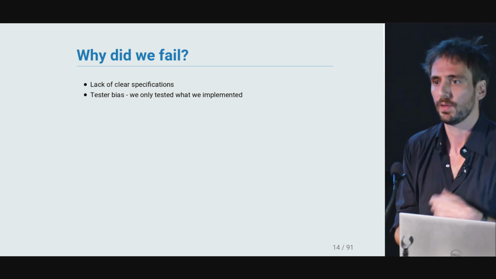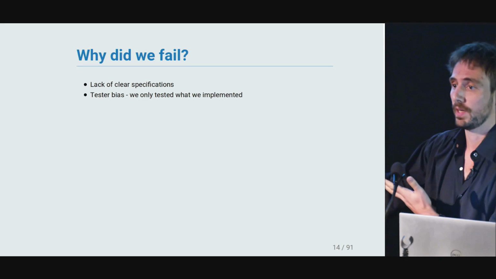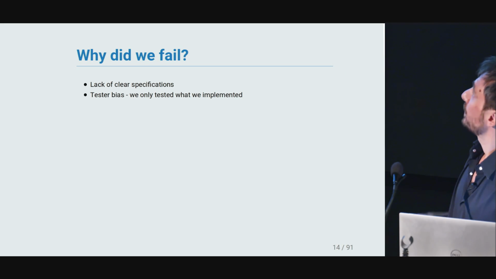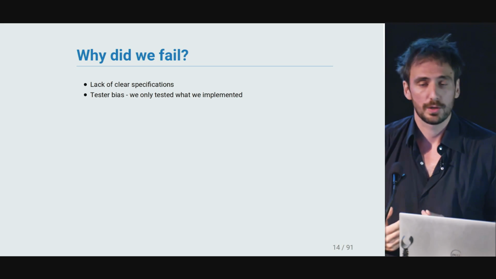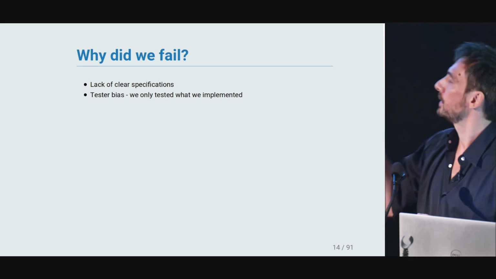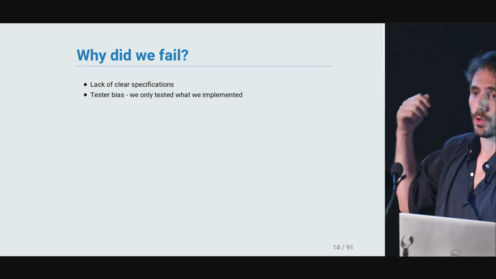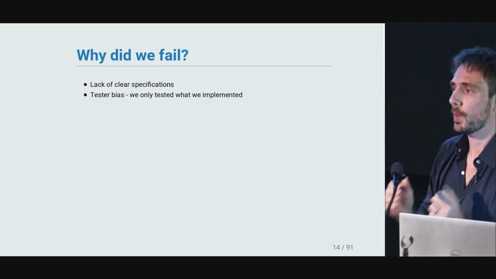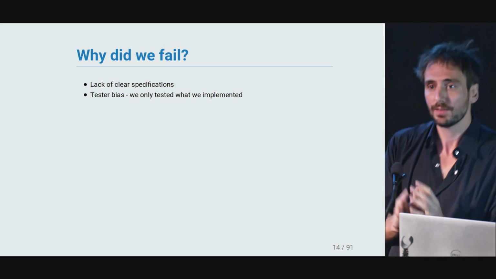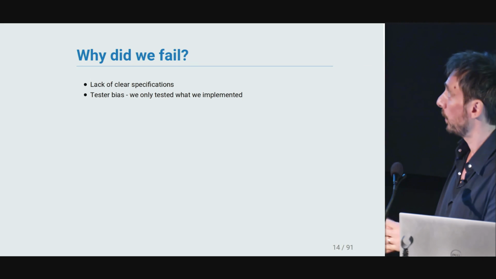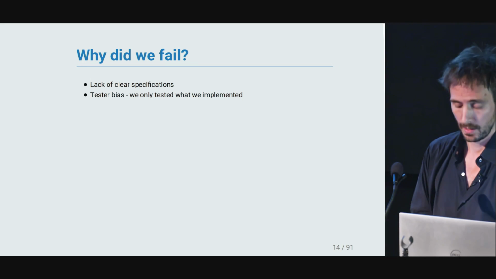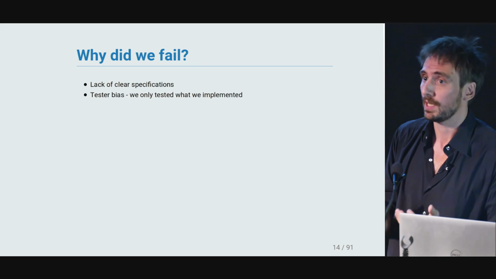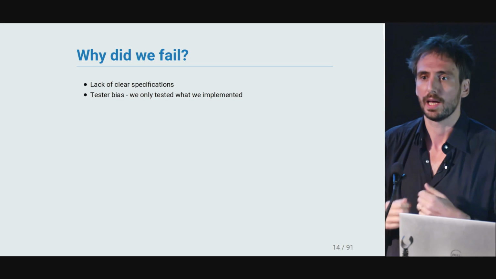Should you be printing FizzBuzz or BuzzFizz? Specifications are incomplete. Second problem, of course, is you as a developer. You have implemented the system, and you are going to test what you have implemented, because by definition, if you had thought about edge cases, you would have tested them. So you have tested everything you have thought of, which might not be everything. And in our case, it wasn't, because we haven't tested a number divisible by both 3 and 5.